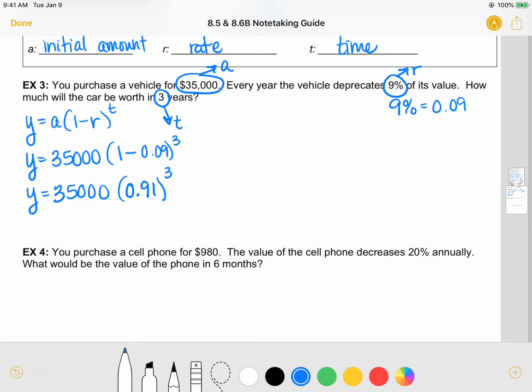Now we're going to grab our calculators and take 0.91 and raise it to the third power. So that should give you 35,000 times 0.7535. Okay? And then we'll multiply by 35,000.